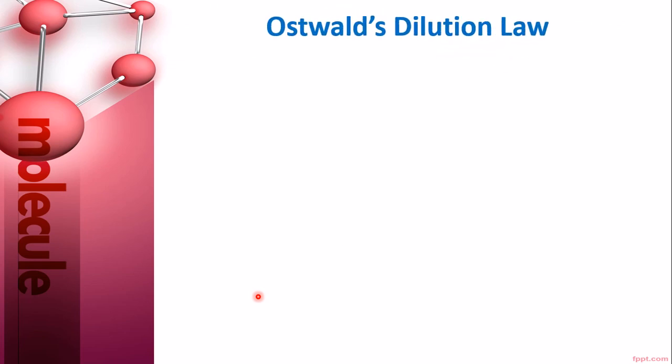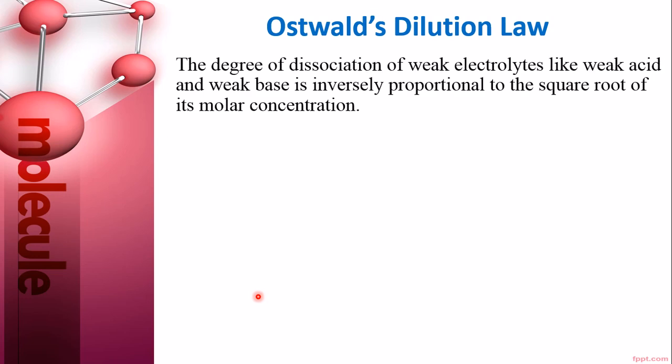Now, Ostwald's dilution law, the mathematical derivation of the law. At first, what is Ostwald's dilution law? The degree of dissociation of weak electrolytes like weak acid and weak base is inversely proportional to the square root of its molar concentration. This is the law.